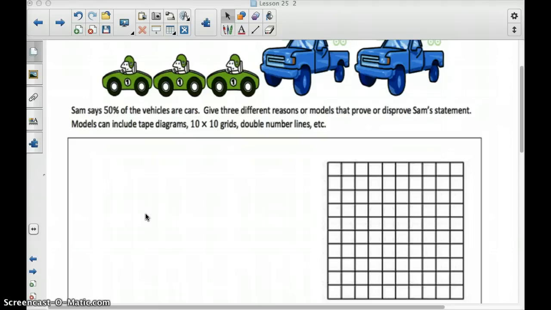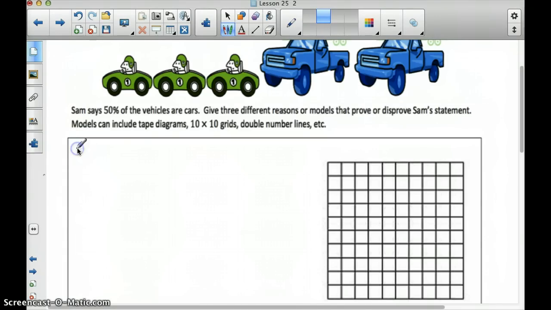50%. Well, what is our total number of vehicles? We have 3 cars and 2 trucks. So I could make a similar tape diagram, or maybe just a model of this to disprove this. So here's my first one that I'm going to do. Okay, so I'm just going to make a model.